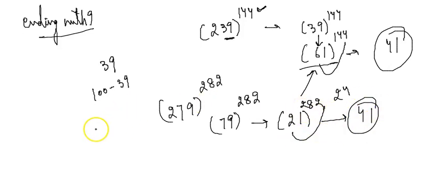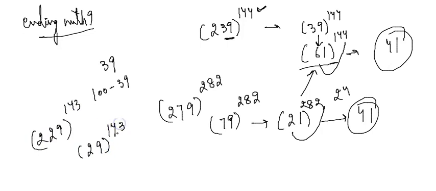Okay. Now, if I say that the power is not even, suppose 229 raised to the power 143. You need not get worried about this. You can write 229 raised to the power 143 as 29 into 29 raised to the power 142.